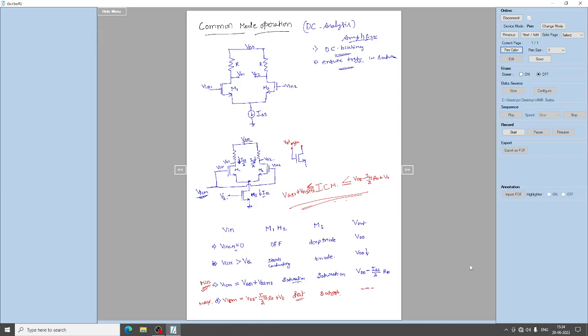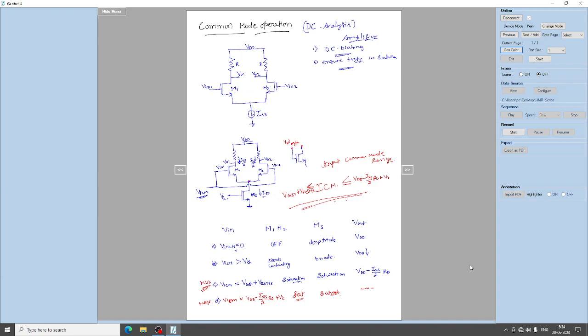So this is the input common mode range, right? So this is the maximum and the minimum DC voltage we give to ensure the transistors M1 and M2 are in the saturation region, right?